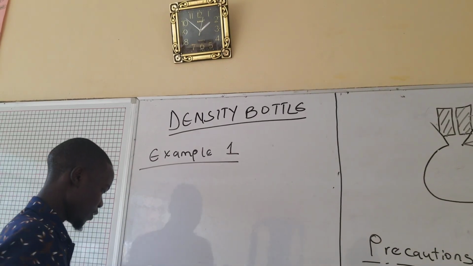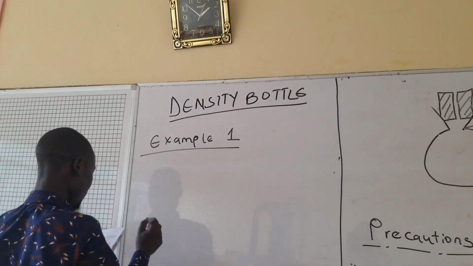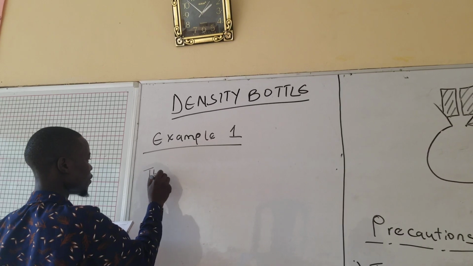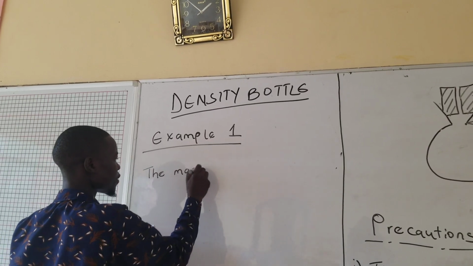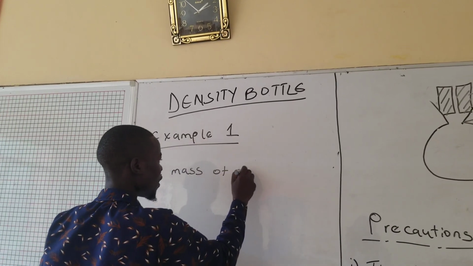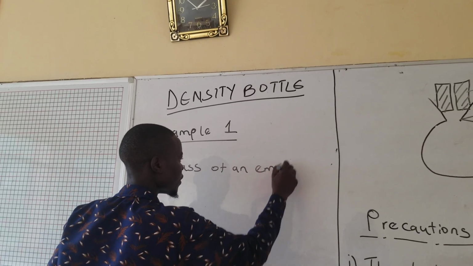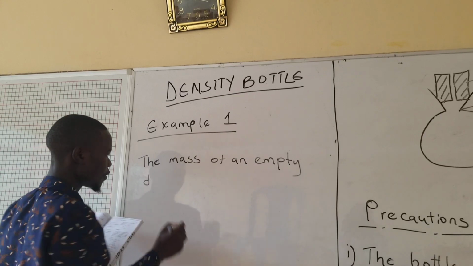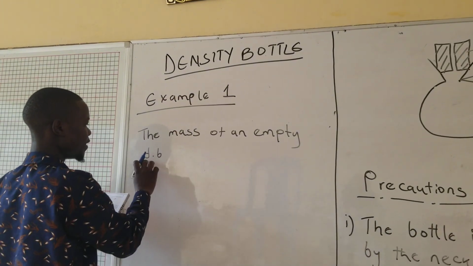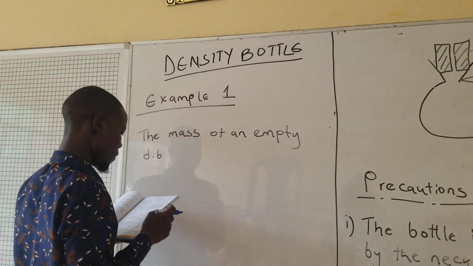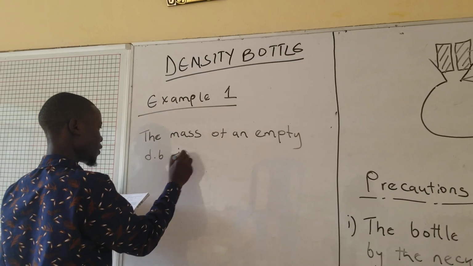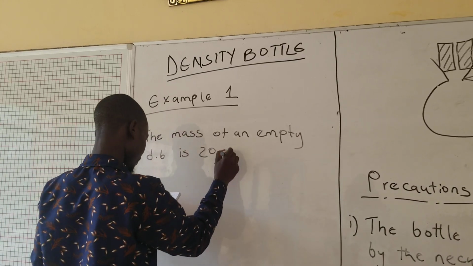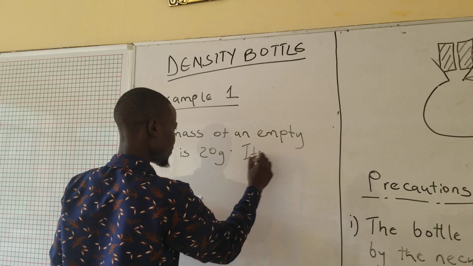Let me write this. It reads, the mass of an empty density bottle, DB, is 20 grams.